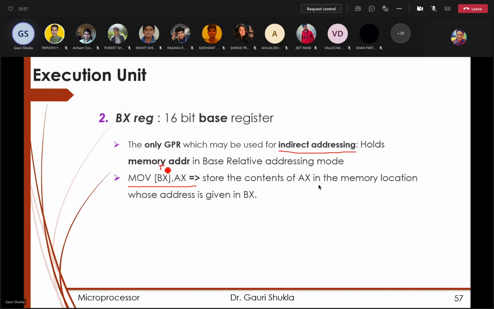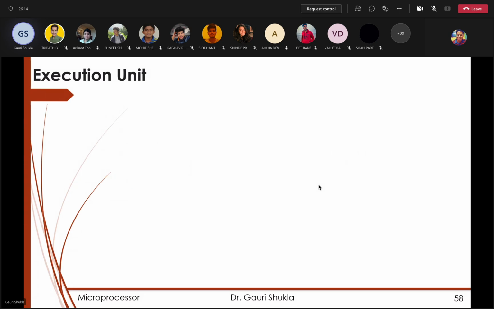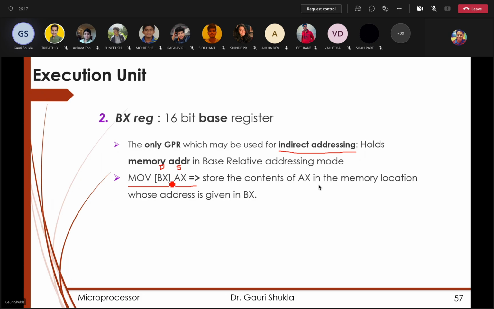Always the destination is mentioned first and then the source. This instruction is moving the content of AX into the memory location whose address is given in BX. Remember that. It is the only general purpose register which is used for indirect addressing.